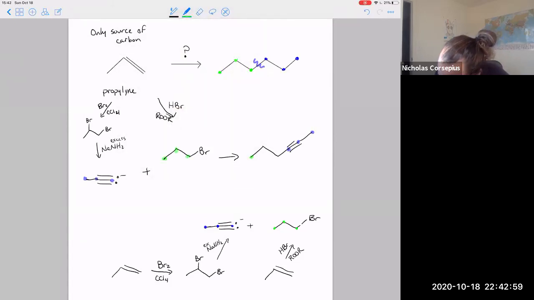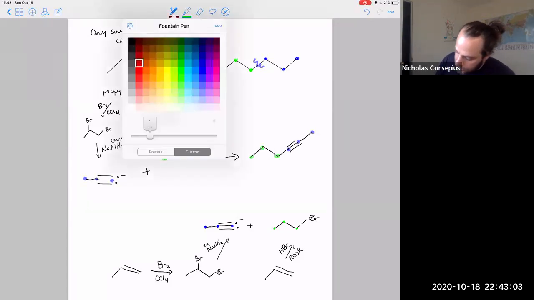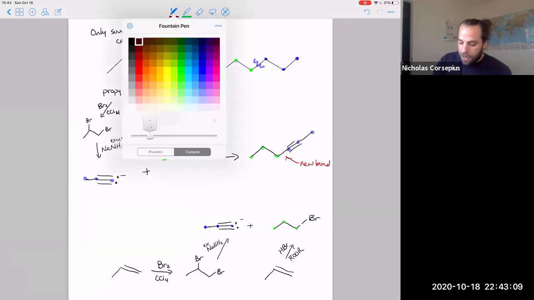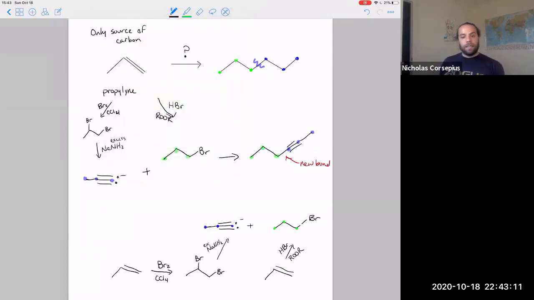And so indeed here is my new bond. All right, and then I'm not done there yet because I haven't gotten to hexane. How do I go from what would be 2-hexyne to hexane? Well, then I can just do a catalytic hydrogenation.